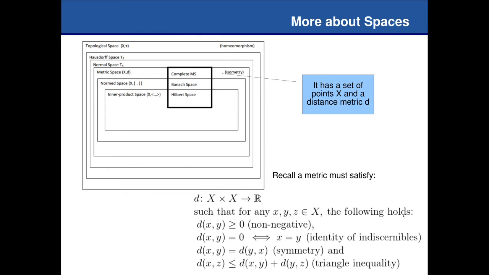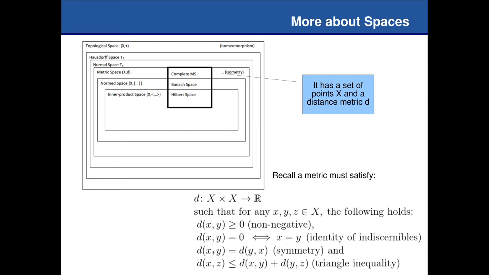There are some additional constraints. The distance between X and Y must be greater or equal to 0. That means it is non-negative, or if you prefer, semi-positive. And the distance for X and Y, when X and Y are the same element, or they are indiscernible, is equal to 0.